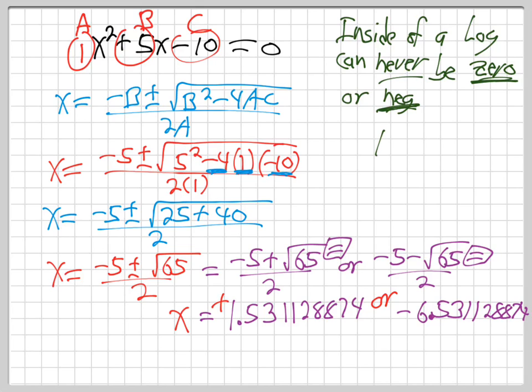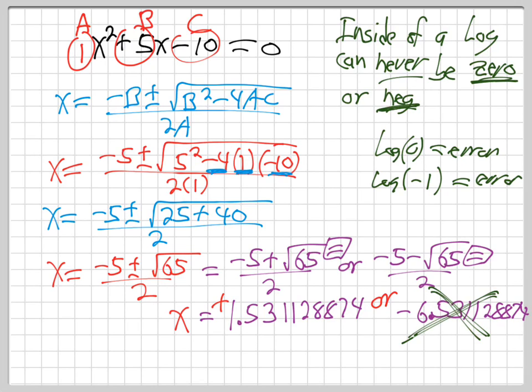You can try it in your calculator real quick if you want. Try log of 0 or log of negative 1. It'll be an error. Both those will be errors. So positives are fine, but the inside of a log can never be 0 or negative. What I'm saying is this is a bad answer. It's a false answer.